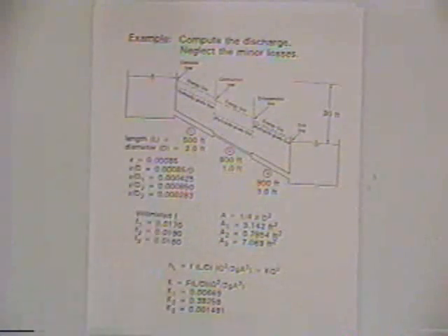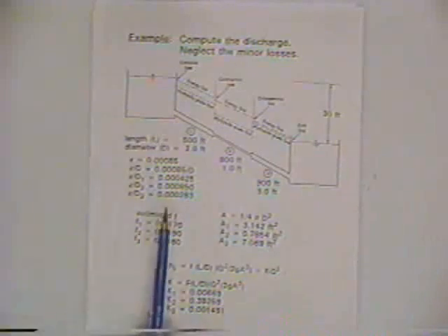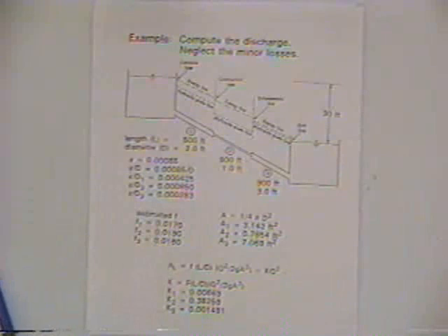In this problem they all have the same absolute roughness for use in the Moody diagram to get the friction factor.